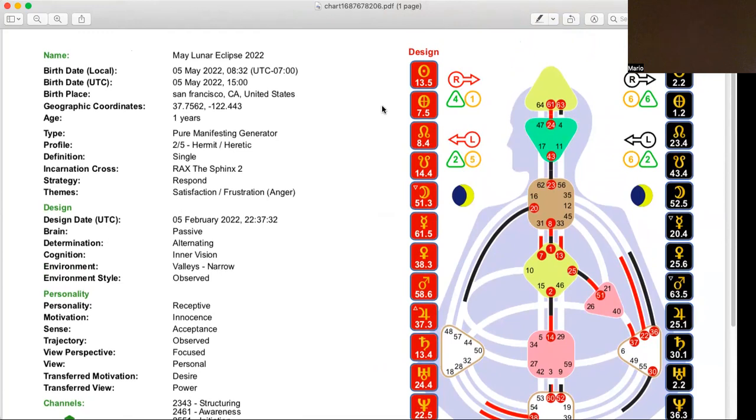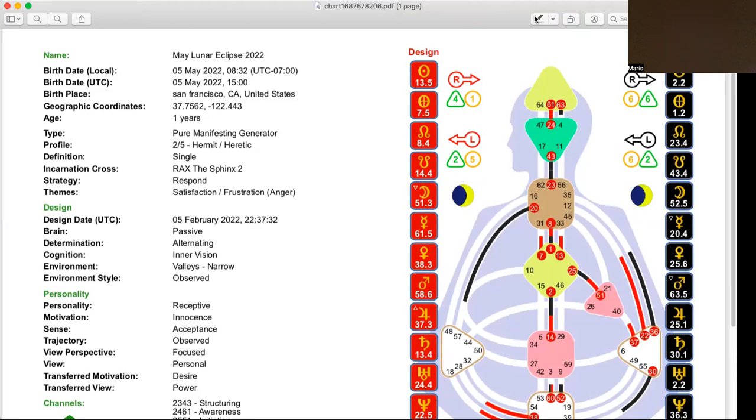And they have different meanings relative to the design side, which covers type of brain, the type of determination, cognition, environment, and environment style. This is represented by the right and left side column next to the red column that I'm circling here.